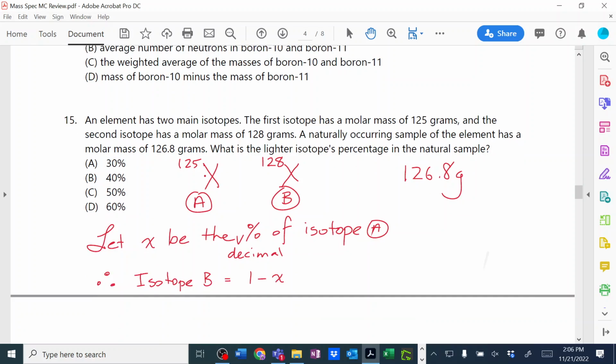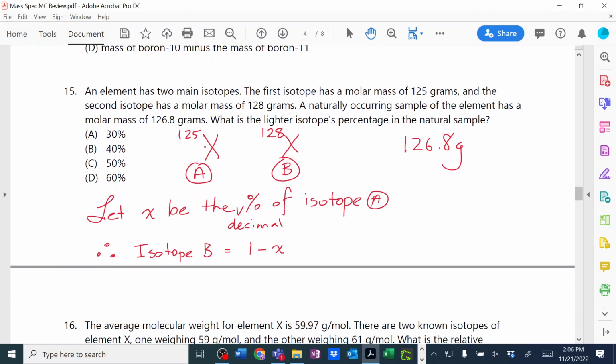So what we have then is, isotope A is X, so I have X times 125 plus 1 minus X times 128 is equal to 126.8.